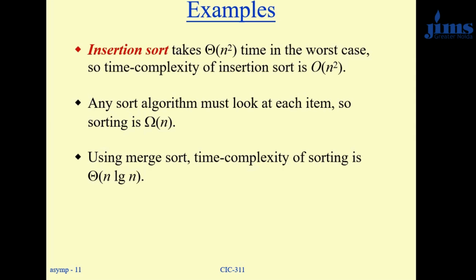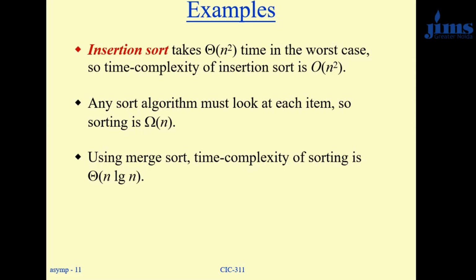But what I want you to understand is that the worst case means at most the maximum time it will take to generate the sorted list of values. Maximum means upper bound. Since it is the upper bound, which asymptotic notation is taken for the upper bound? That is big O. So if it is theta n square in the worst case, then it is big O of n square. This was the upper bound case.